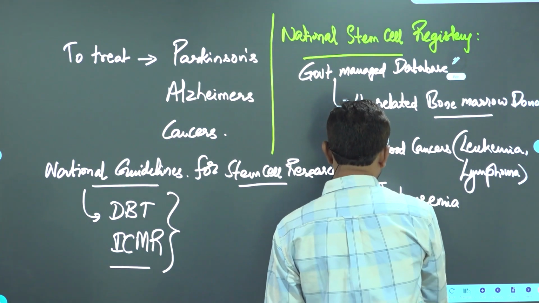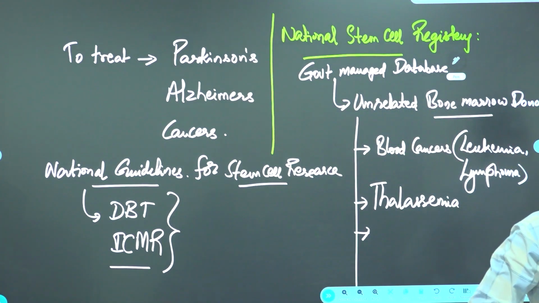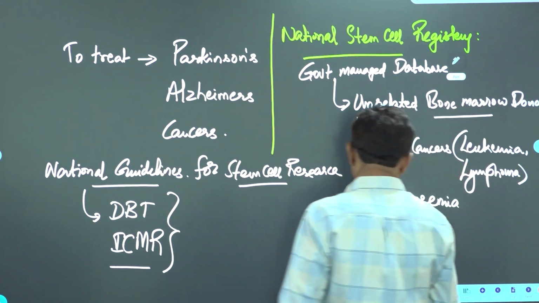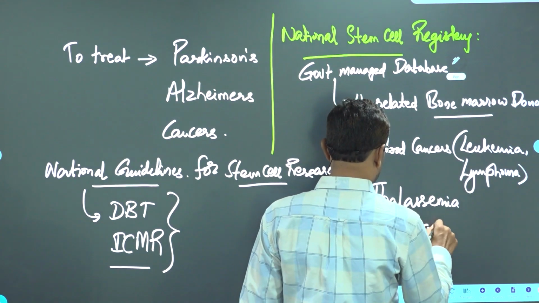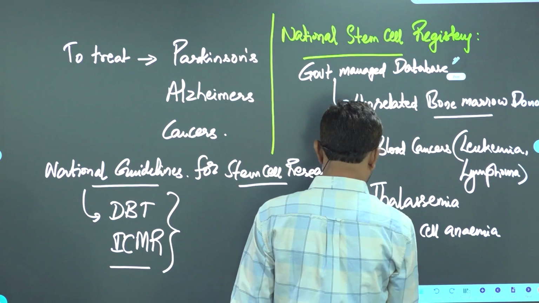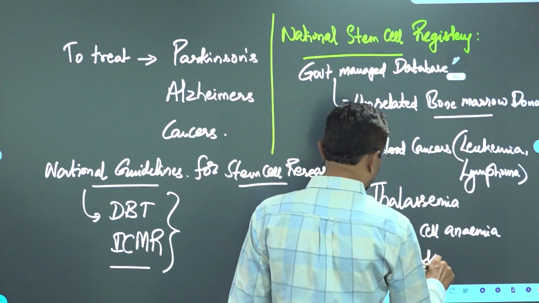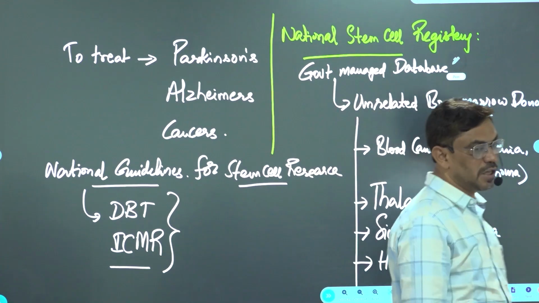So blood related diseases like blood cancers, lymphoma, leukemia, thalassemia, sickle cell anemia, and hemophilia. So this is the National Stem Cell Registry.